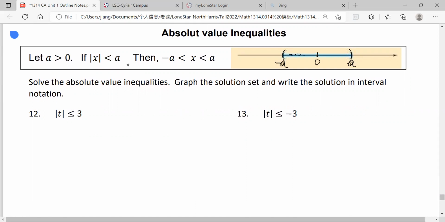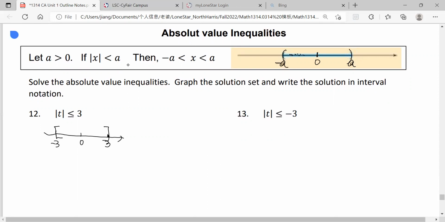For example, if the absolute value of t is less than or equal to 3, that means it has a chance to equal 3. So if I draw a number line, here is 0, here is -3 and +3. So t is between -3 and +3.